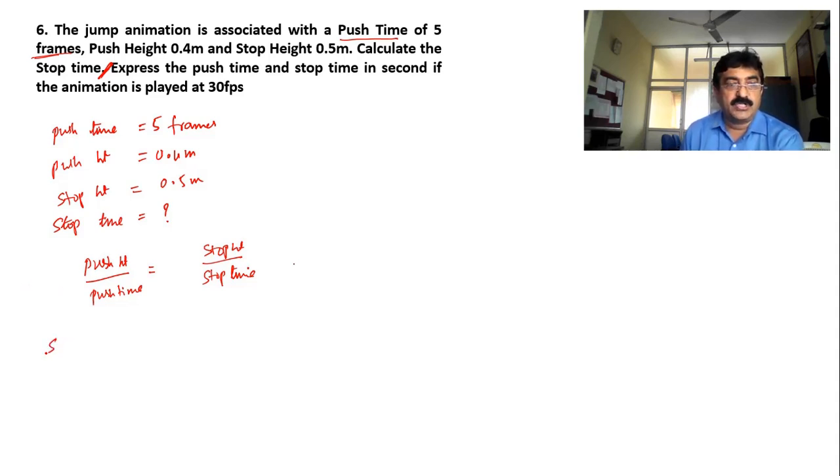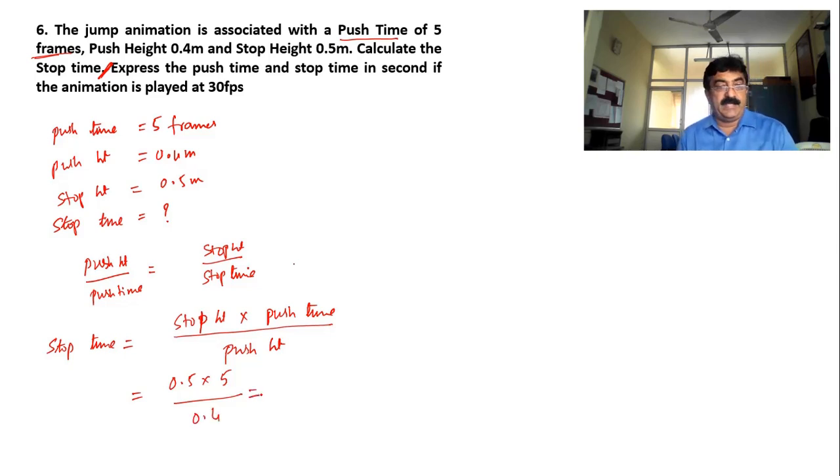So now I want stop time. Stop time is equal to stop height into push time divided by push height. Substitute. Stop height is 0.5, push time is 5, push height is 0.4.